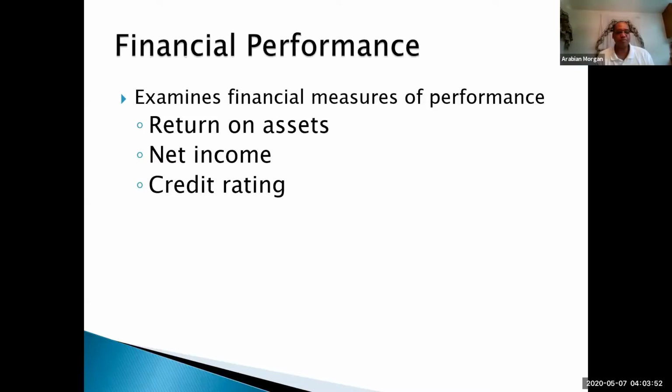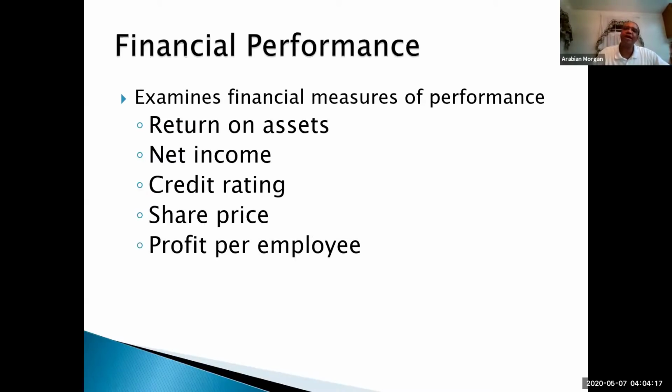Companies might pay attention to their credit rating because this will affect them when they go to issue bonds and need to borrow money from financial institutions. They might also pay attention to their share price. This all relates back to their financial performance.